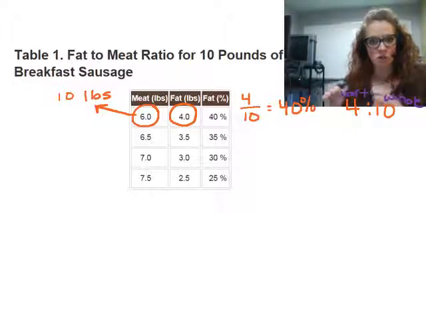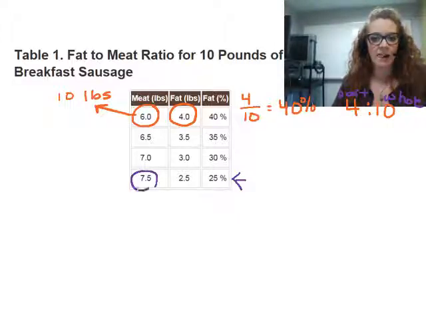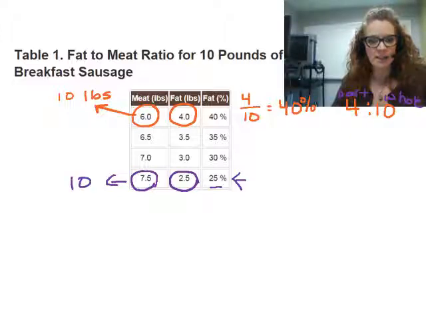It's usually a ratio, and it doesn't have to be a 60-40 ratio, and they've given some examples of some leaner sausage. So in the last example, they're using 7.5 pounds of meat and 2.5 pounds of fat, and that gives you a 25% fat content. So that's maybe a healthier option. And so those two numbers still add up to 10. You're still using 10 pounds, but your ratio is different.